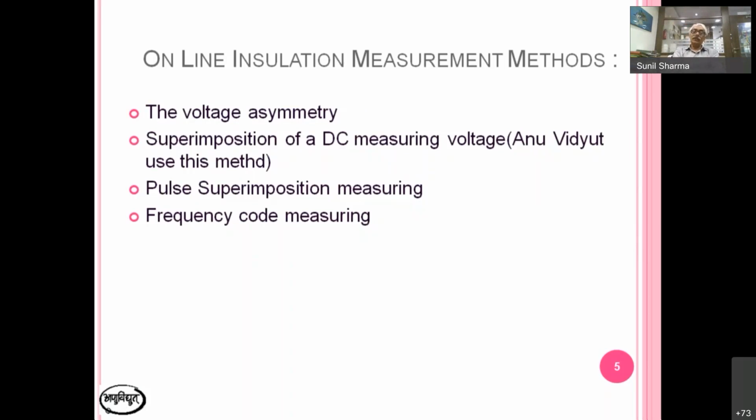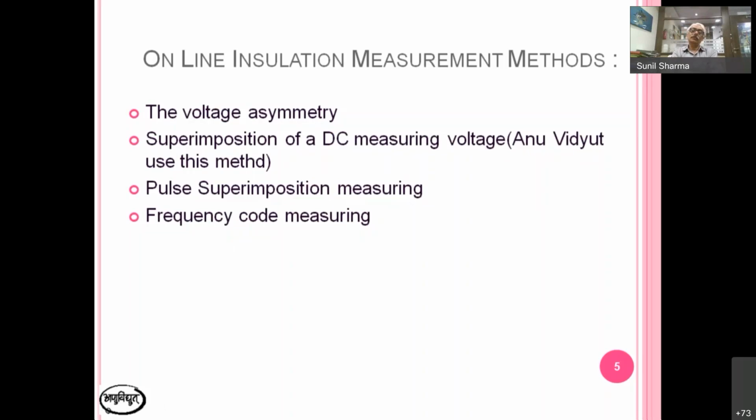Then the next method is superimposition of a DC measurement voltage. We are using this method in our instrument. All over the world, this is the common method; other instruments also use it. Pulse superimposition method is also used, most instruments use it.